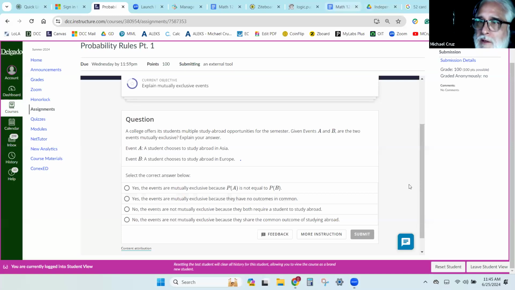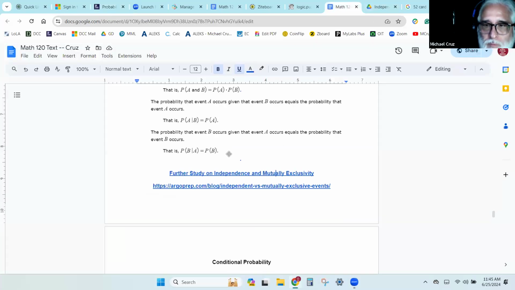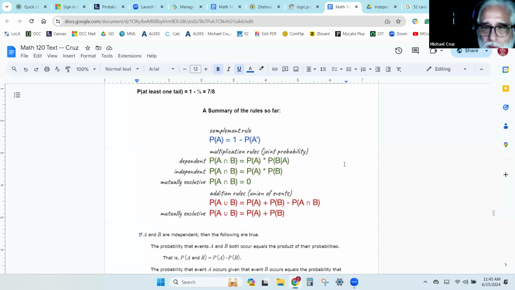All right, let's look at that thing. So mutually exclusive events, their intersection is 0. That's the main thing that we're looking at. And that they also just add with no intersection because that's 0.